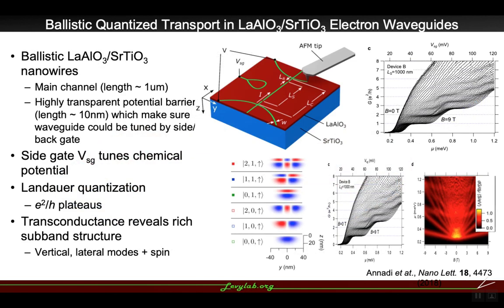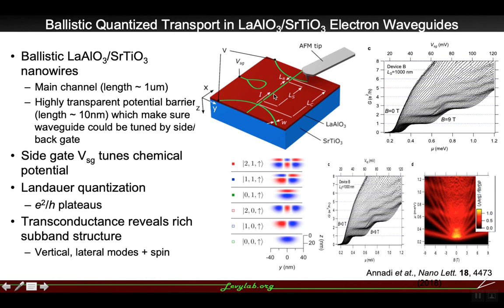To begin with, I will first introduce the techniques we use in my group. You can use AFM, atomic force microscopy techniques, to write nanowires which combine into a nanostructure we want at the LAO-STO interface.